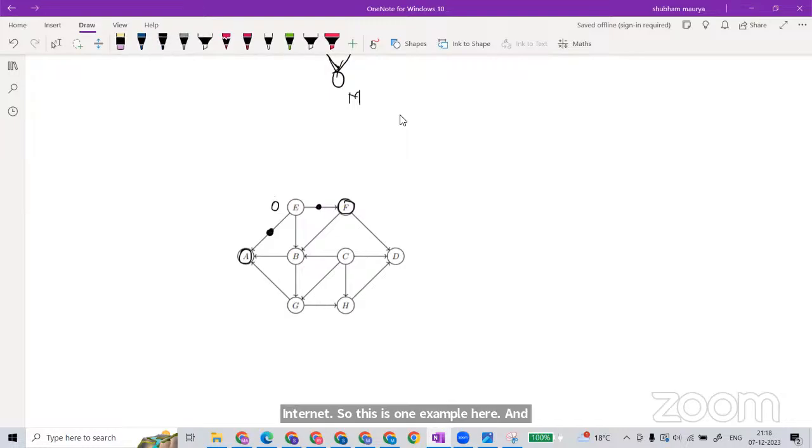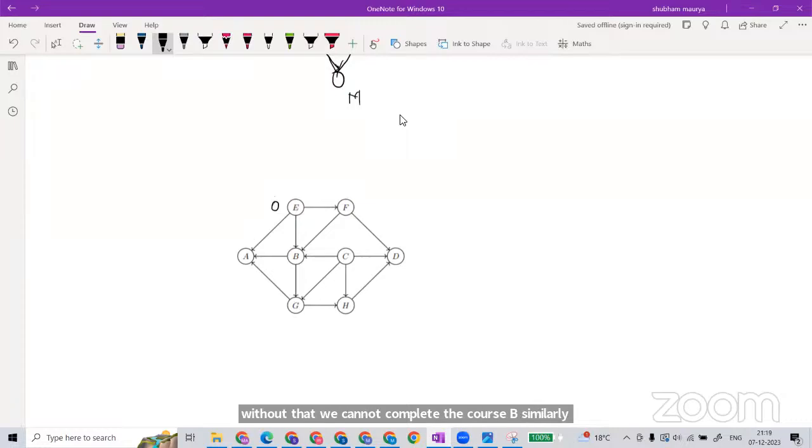Now we want to find an order. Suppose this is a real life problem: these are the courses we have and we want to complete them. If we want to do the course C, there is no dependency on C. But if we want to complete the course B, we have to complete at least E and F. Without that, we cannot complete the course B. Similarly for the others.